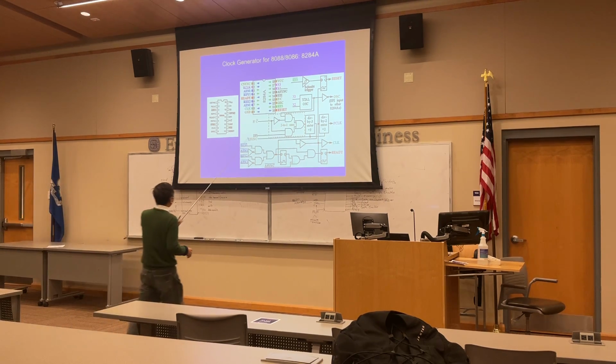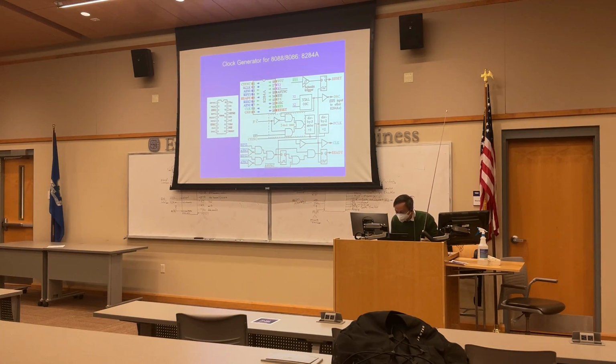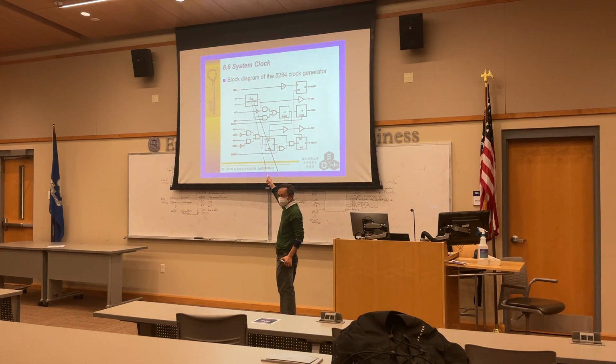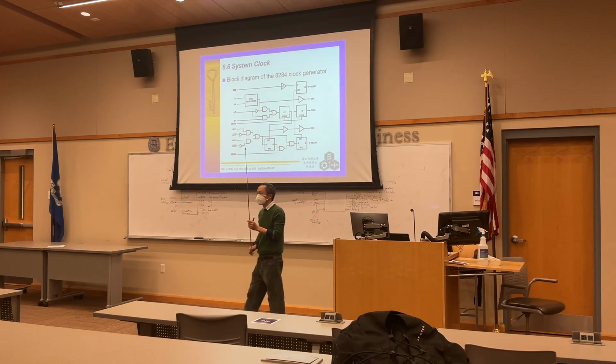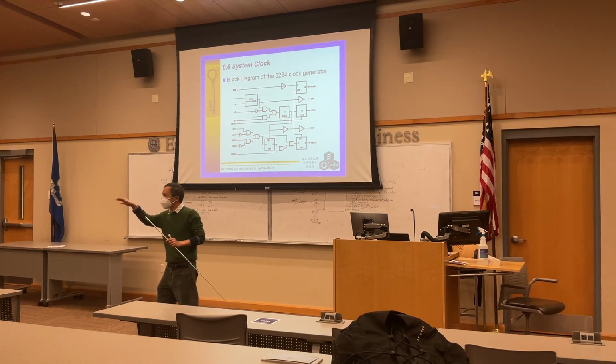Okay, now this is an example of a clock generator. You see here, you take the mechanical oscillator pulse, and they use a lot of gates and modules. Finally, you get the clock. The peripheral clock and the microprocessor clock are different. Generally, the peripheral clock frequency is lower, slower, because your I/O device works slower than the brain.